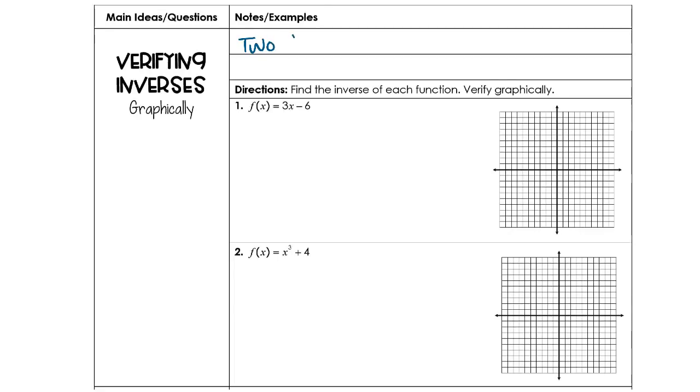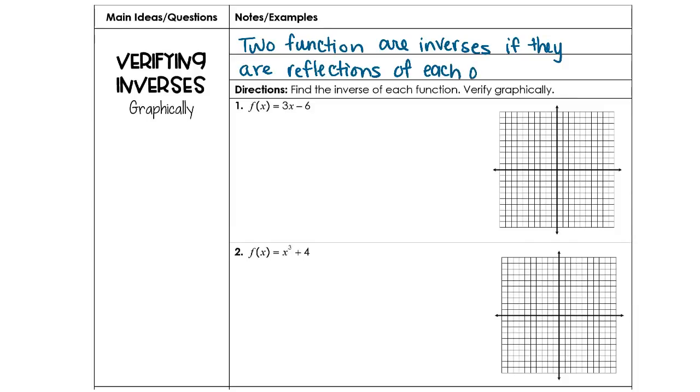So two functions are inverses if they are reflections of each other over the line, or we could just say each other over y equals x.